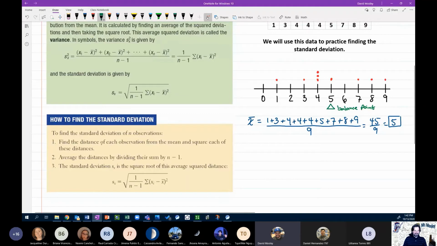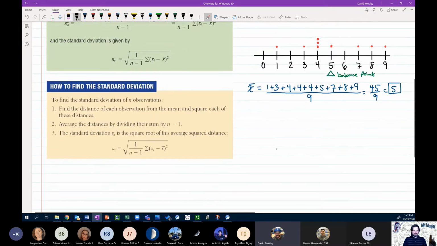We're on step 1. Find the distance of each observation from the mean and square each of these distances. The best thing we can do is keep this organized. So we'll do a little table. The first thing will be observations.